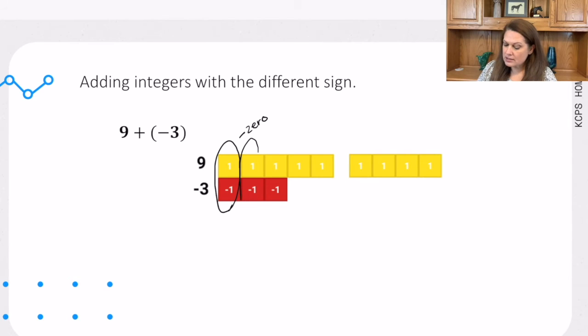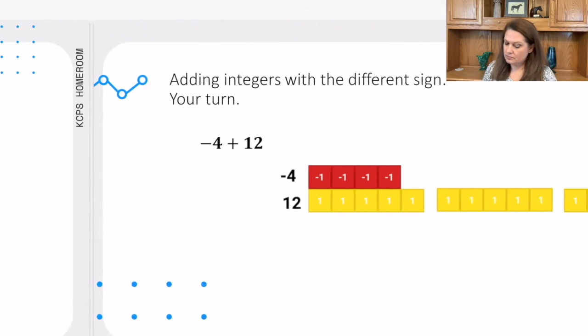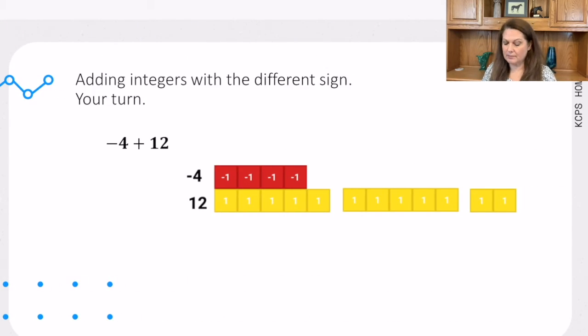So here's a 0 pair, here's a 0 pair, here's a 0 pair. They cancel out. What do I have left? I have 1, 2, 3, 4, 5, 6 positives, so that means 9 plus negative 3 is equal to positive 6. Remember, these cancel because they equal 0.